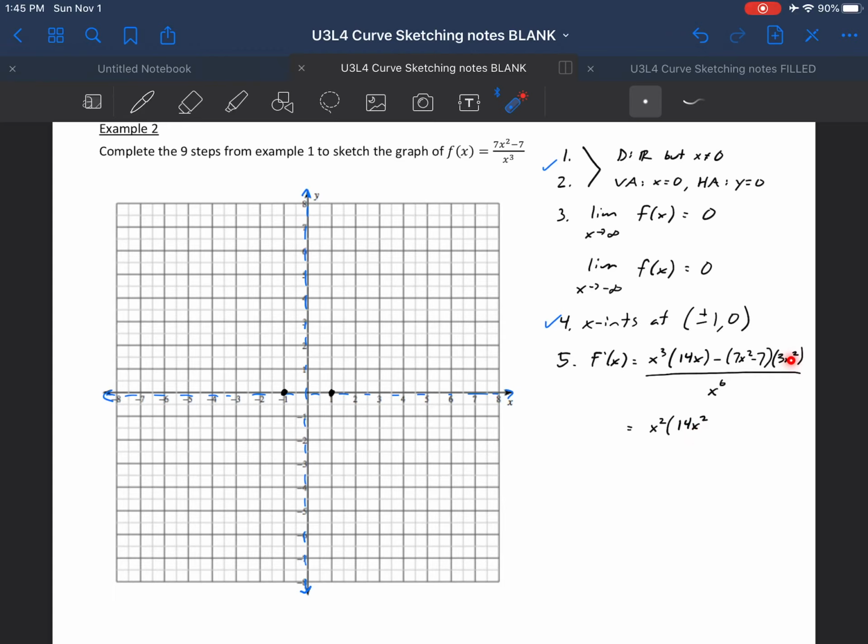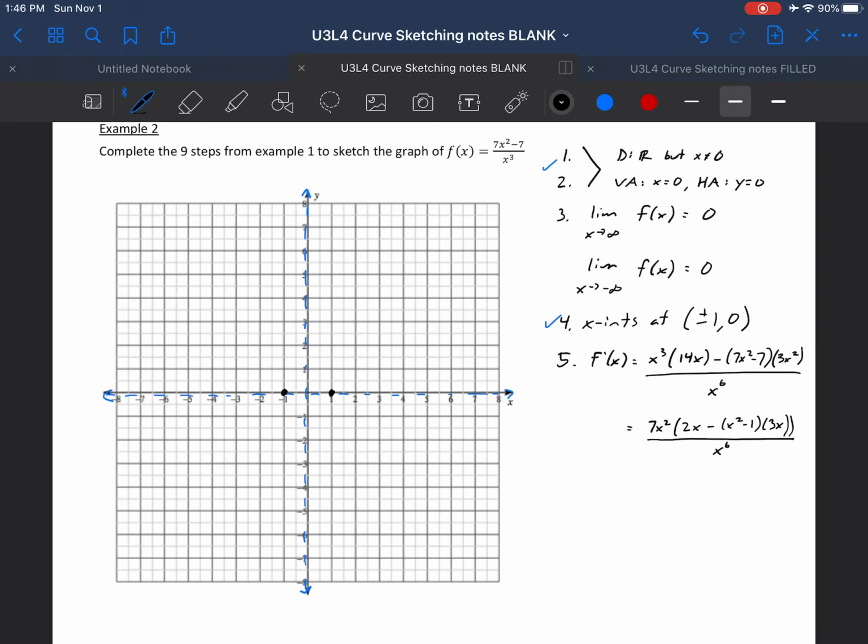So let's take a 7x squared out. That will leave us with 2x there, and then minus x squared minus 1 times 3x, because this x squared has been taken out, since this is all multiplied together. All over x to the 6th.